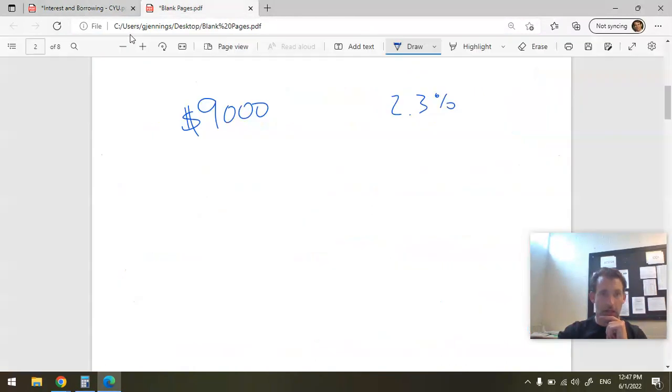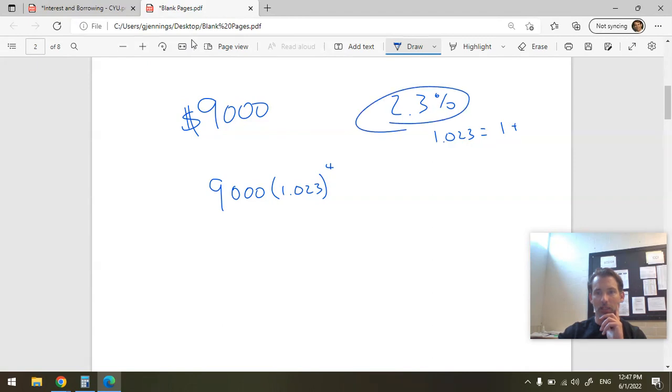So let's find out what it was at the end of the third year and then what it was at the end of the fourth year. That way we'll know how much interest was charged. So I'm going to say 9,000 multiplied by 1.023 raised to the power 4. Where did I get these numbers, Mr. Jennings? 1.023 is equal to 1 plus 2.3% as a decimal.